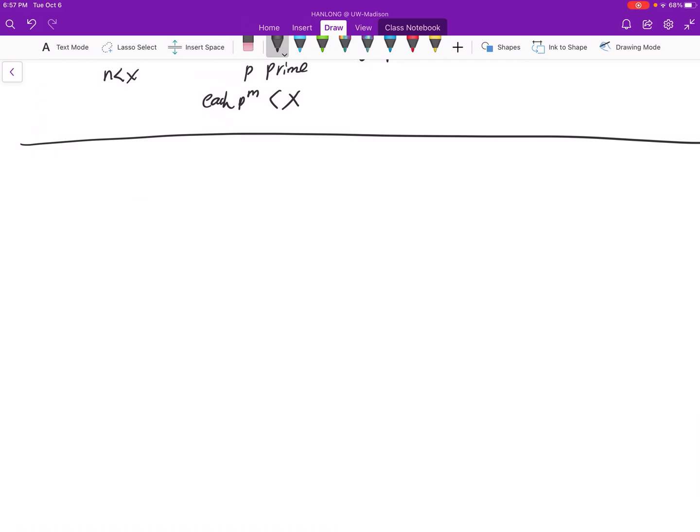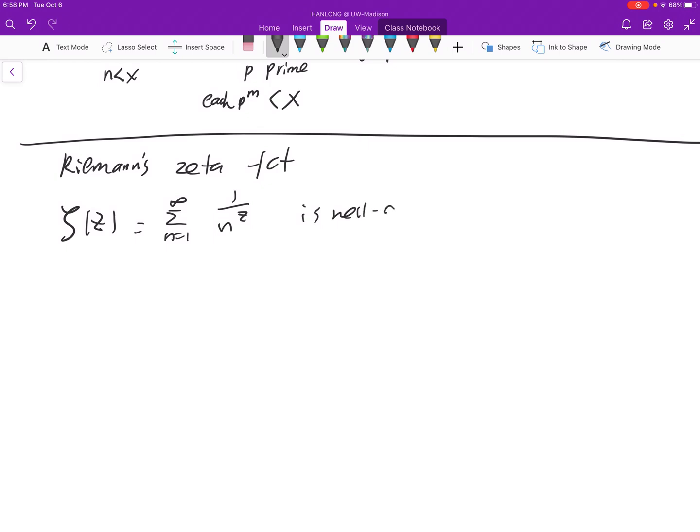Okay, next we will focus on Riemann's zeta function by complex analysis. So first, we note that this function is well defined and holomorphic for complex numbers with real part greater than 1.